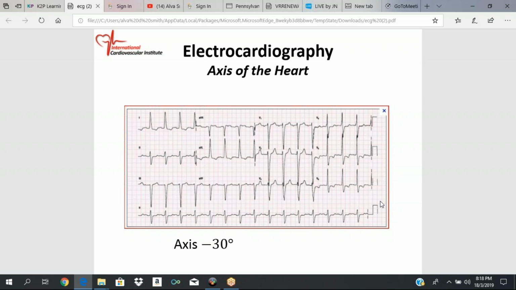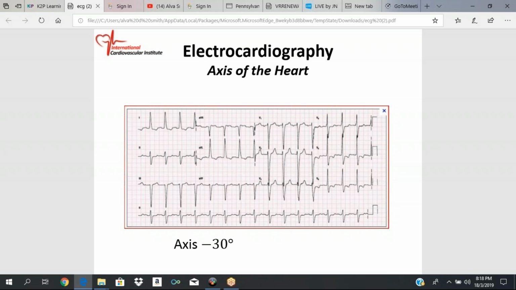Remember, you put 10 electrodes on and you get 12 leads. So this is lead 1, lead 2, lead 3, AVR, AVL, and AVF. These are the limb leads. We want to find the most isoelectric lead from the limb leads.